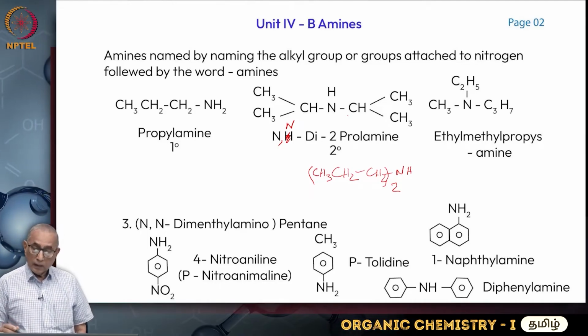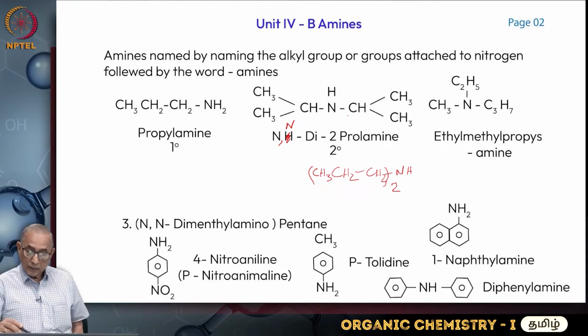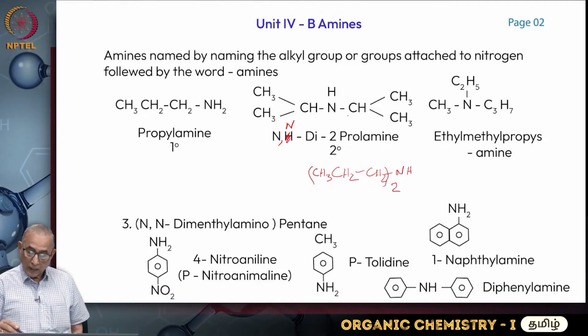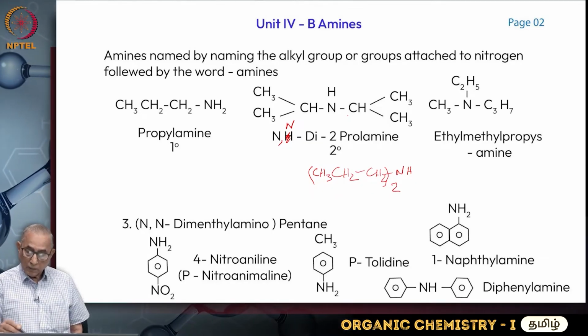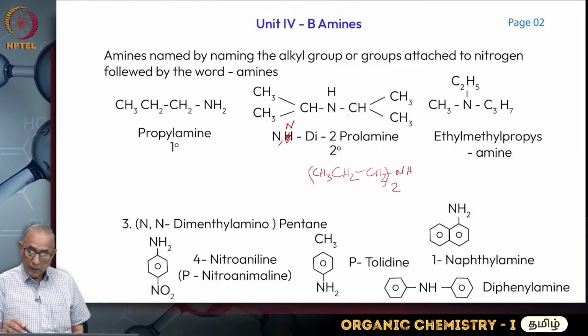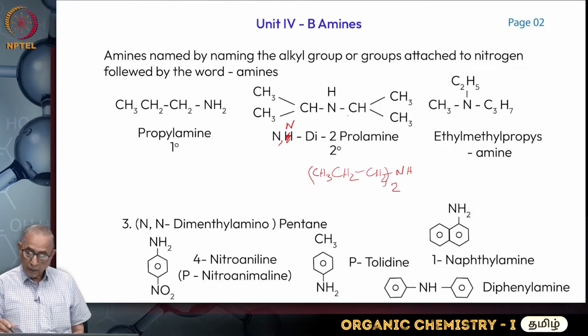Here the nitrogen has three alkyl groups: ethyl group, methyl group and propyl group. This is called ethyl methyl propyl amine. These groups must be written in alphabetical order. Ethyl, E is the first, methyl second, propyl third: ethyl methyl propyl amine.